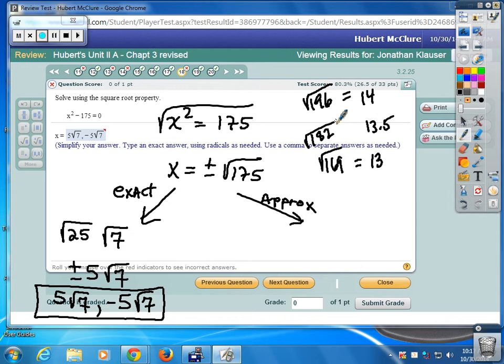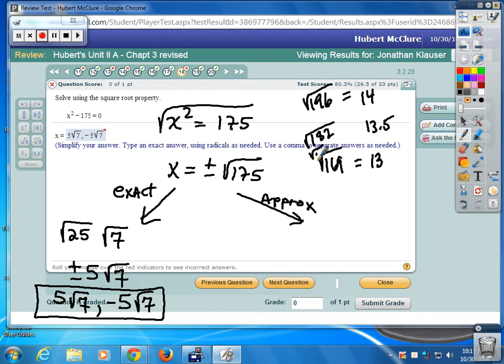Y'all check my numbers. I'm not worried about the decimals. And half of 27 is 13. Half of 13 is 7. 7 plus 169 is what? 176.